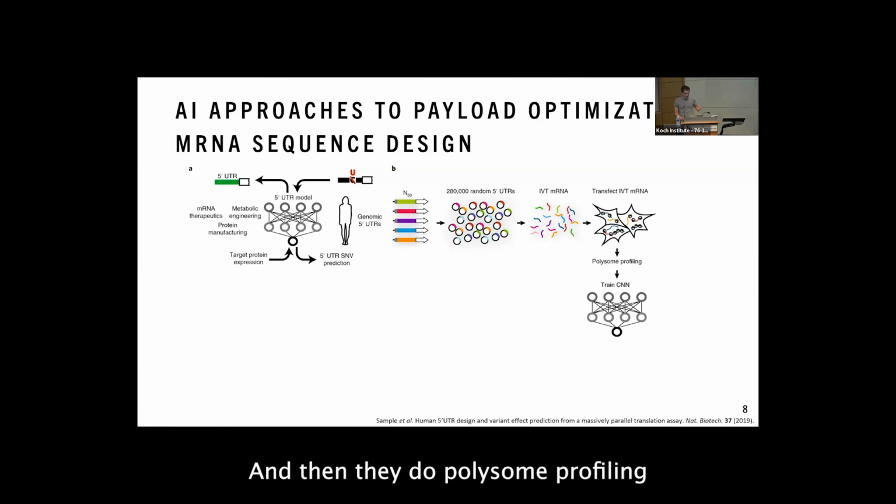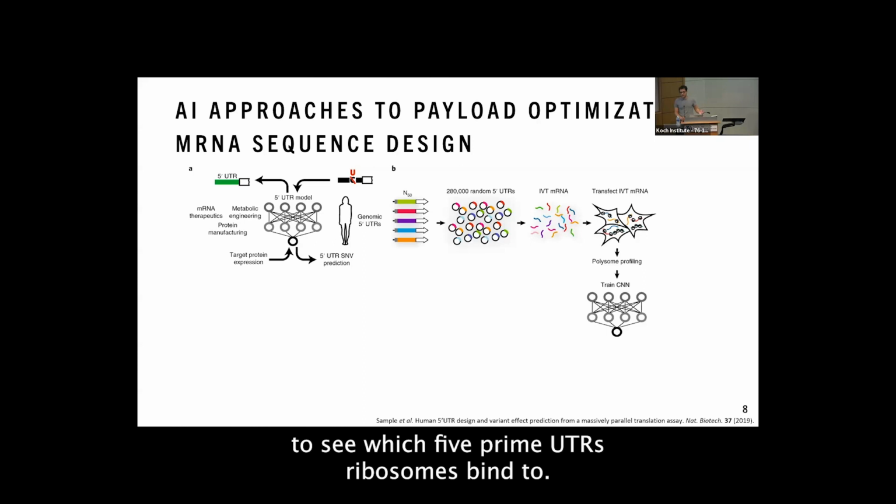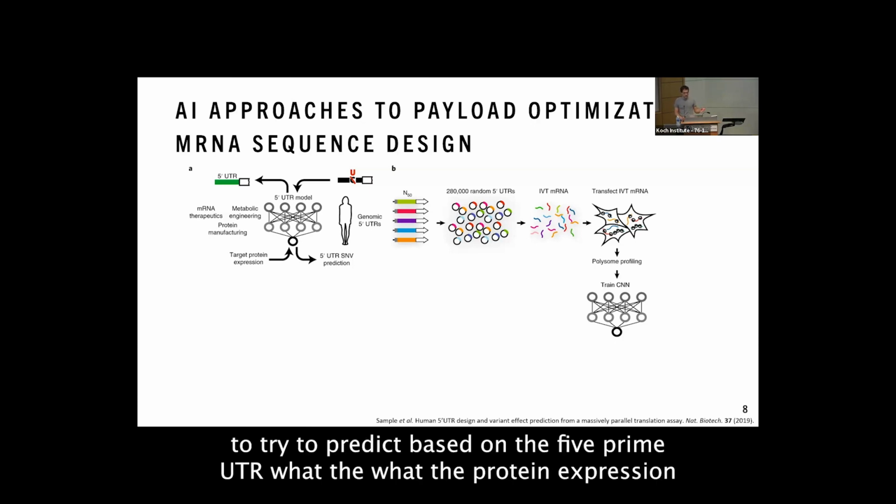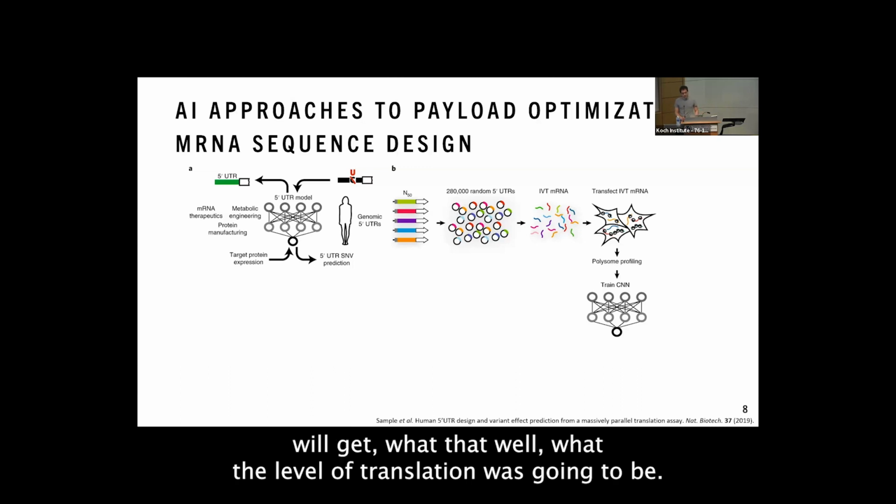Then they did polysome profiling to see which 5' UTRs ribosomes bind to. Then you can train a convolutional neural network, a particular kind of deep learning model, to predict based on the 5' UTR what the level of translation is going to be.